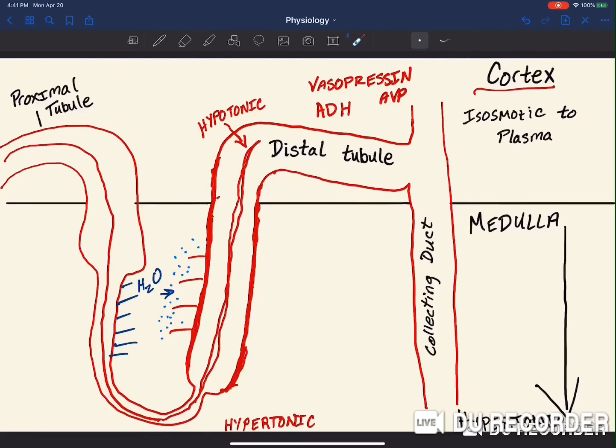Or we might have low blood pressure. Those are two very common things that would trigger ADH to be released. So then when ADH is released, that makes these walls permeable to water.